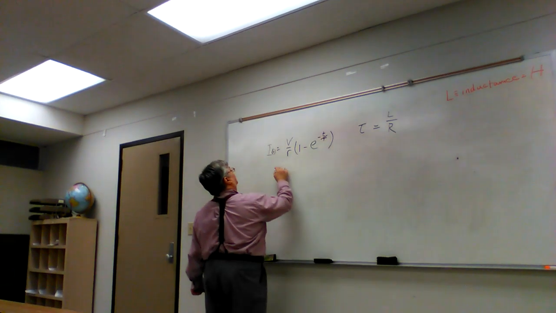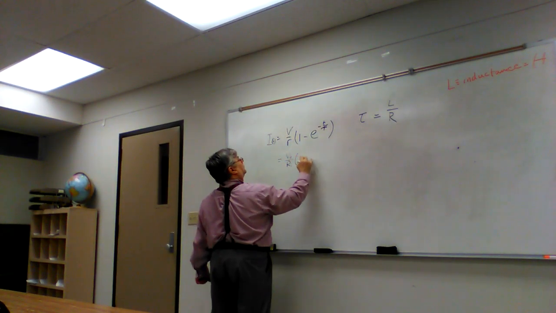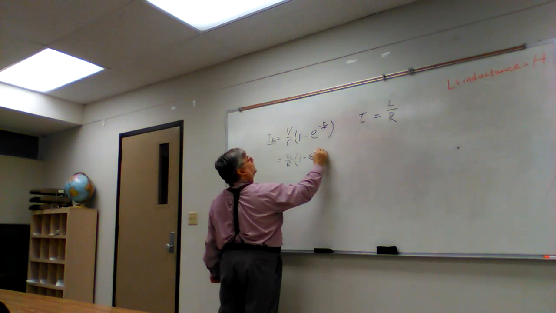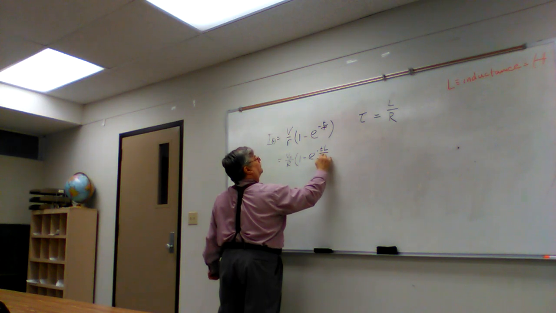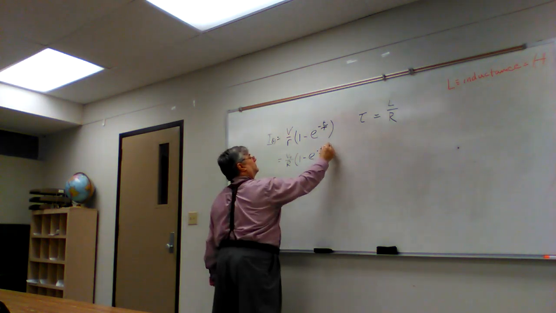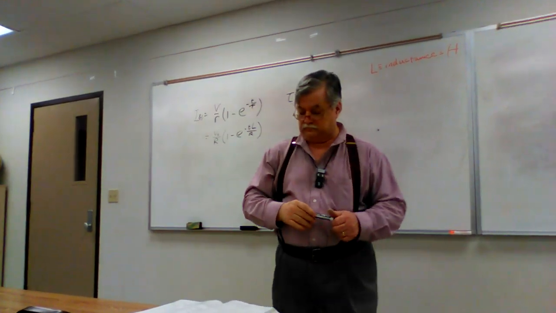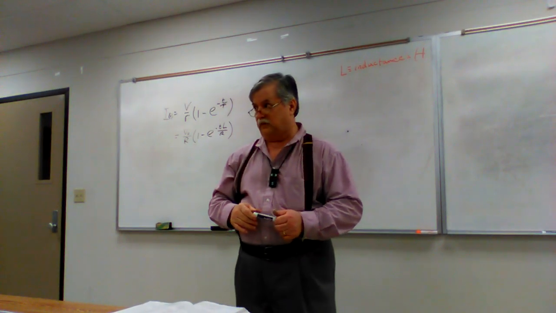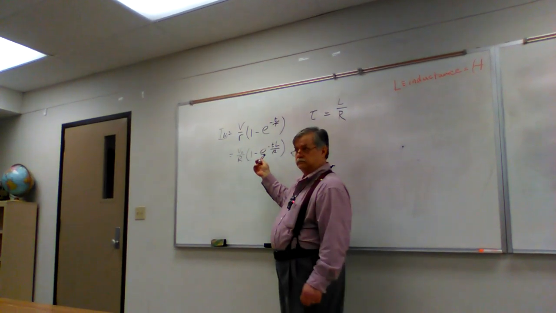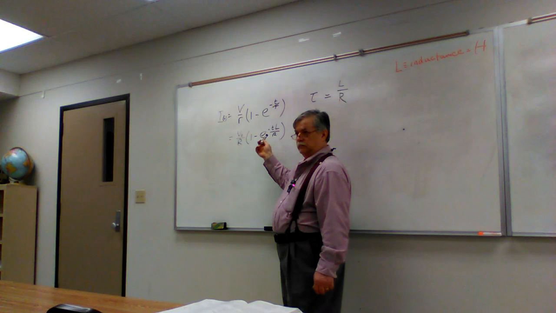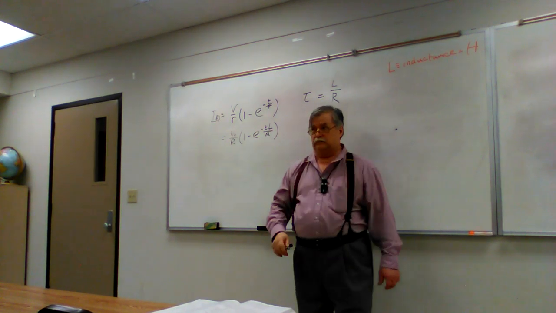So this becomes, now when t is equal to L over R, then this becomes e to the minus 1.